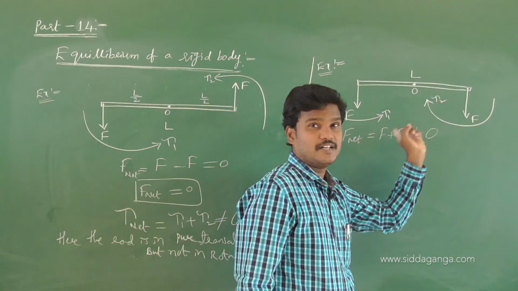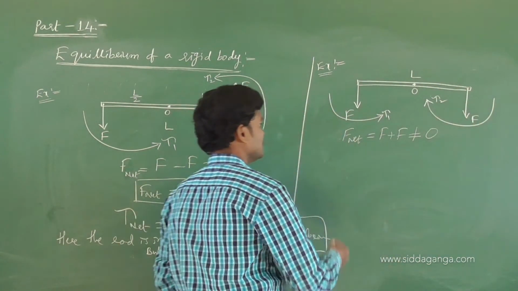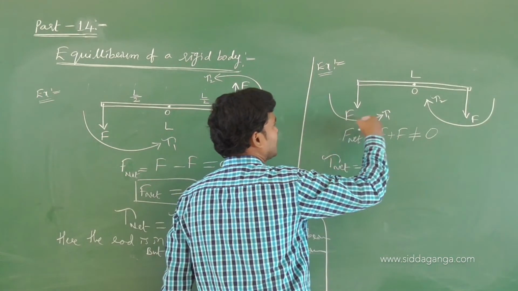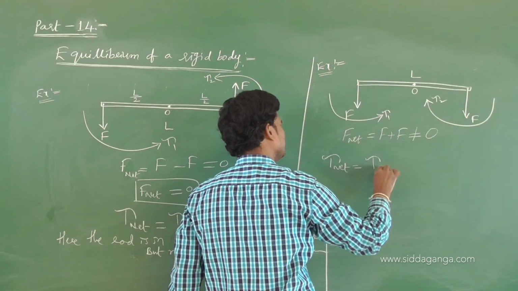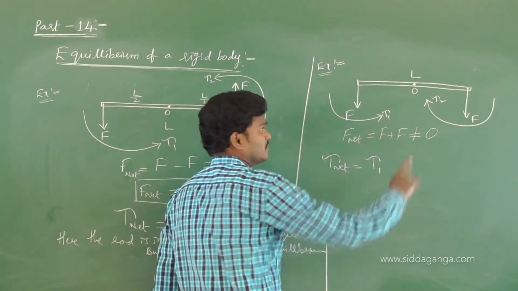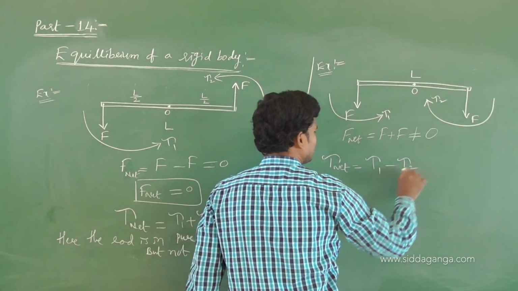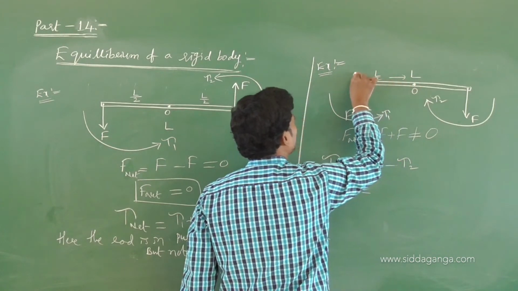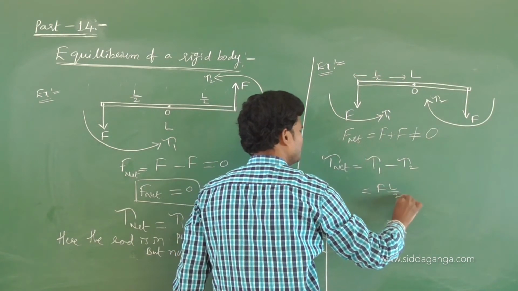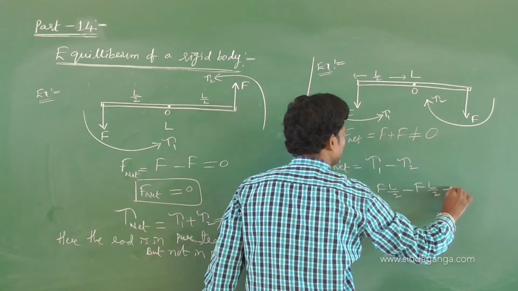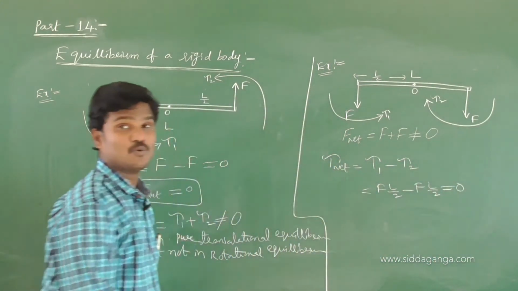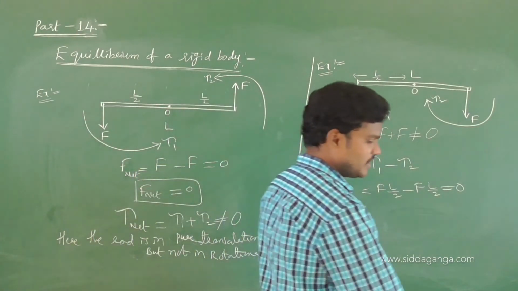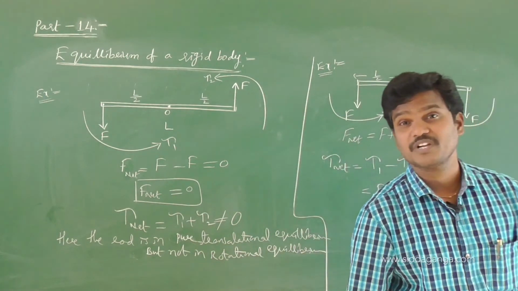What is the net torque? Tau 1 is anti-clockwise, positive; tau 2 is clockwise, negative. And what is tau 1? Force into distance, F into L by 2. And this is also F into L by 2. Then what is the result? 0.